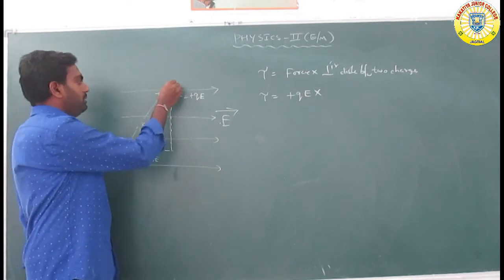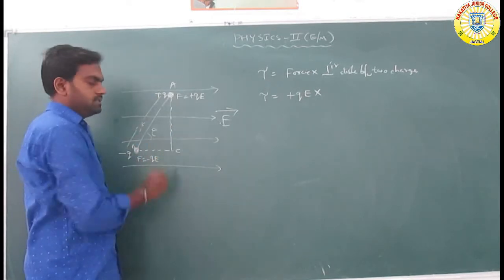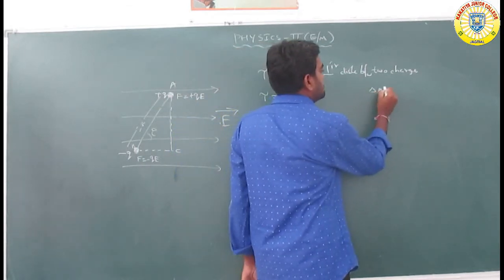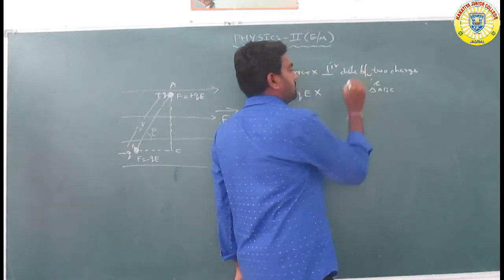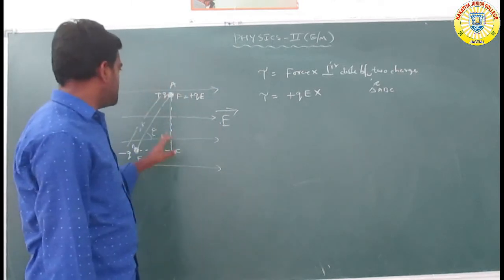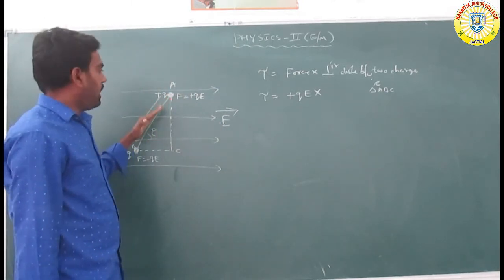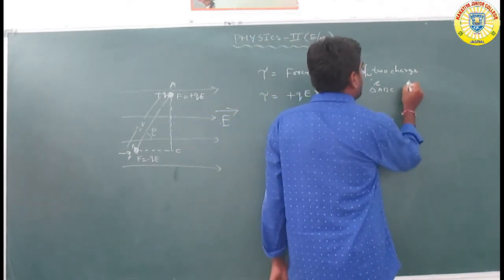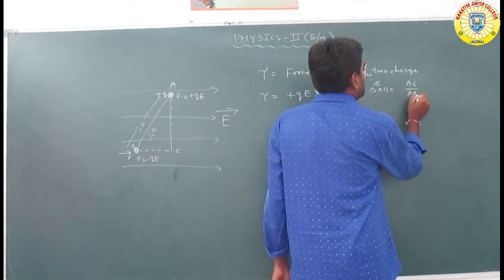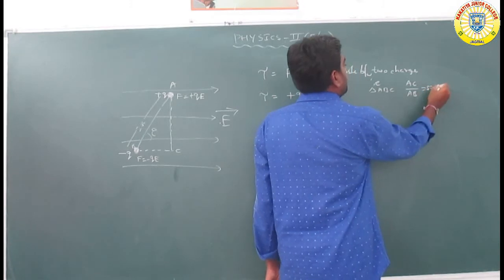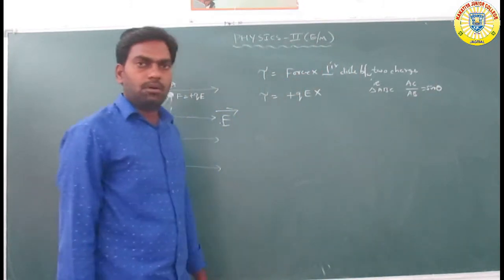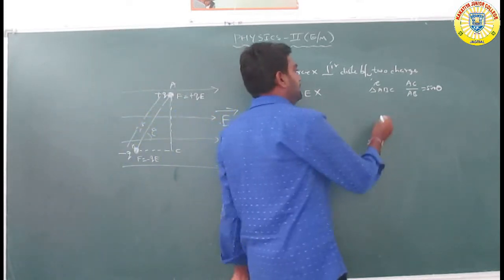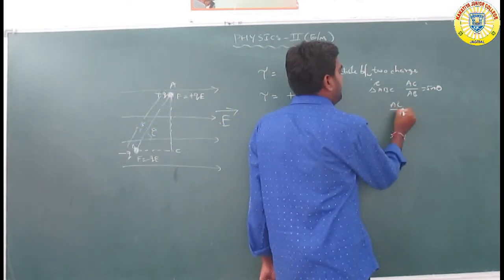Now ABC is the triangle taken. Sin theta is equal to opposite side by hypotenuse. The opposite side is AC and the hypotenuse is AB, which is 2a.